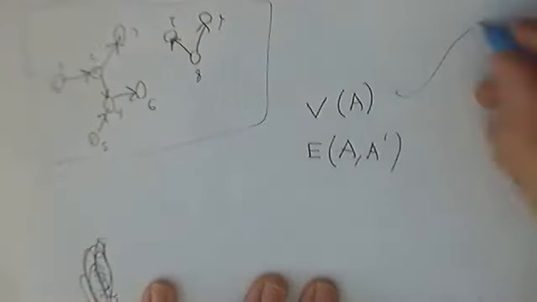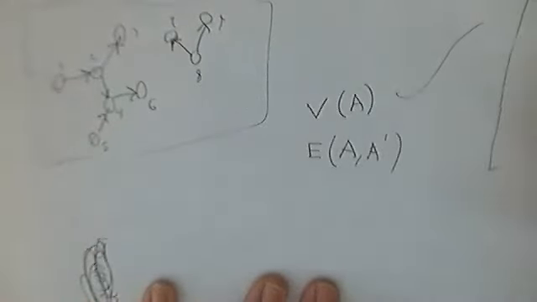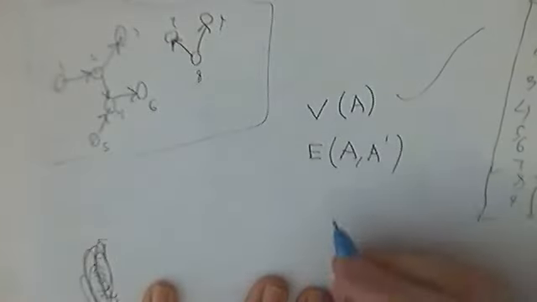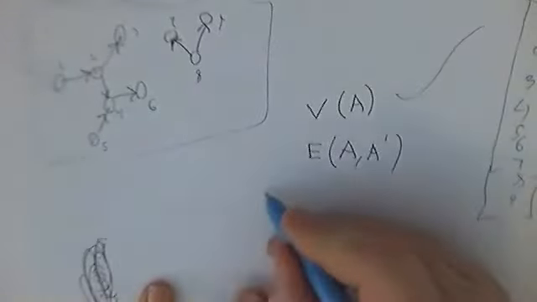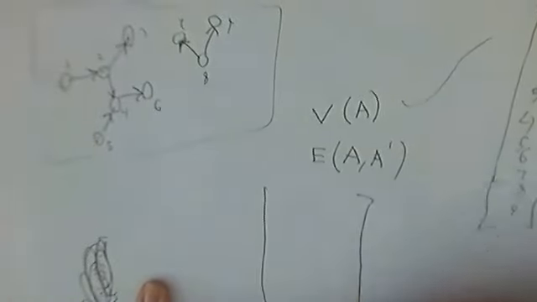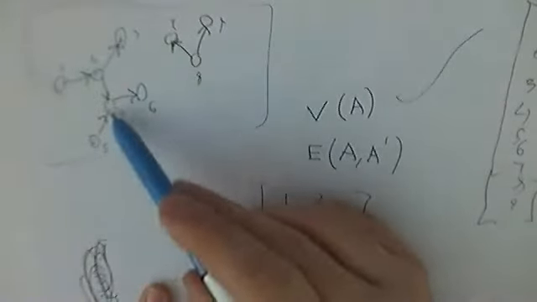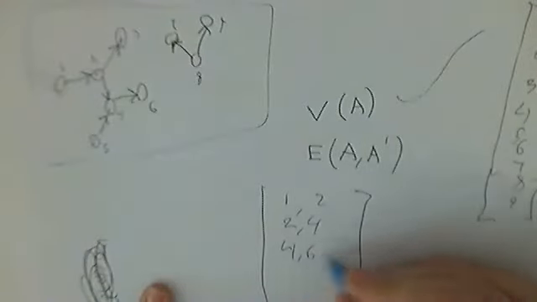So what is this going to look like? This table is going to be 1, 2, 3, 4, 5, 6, 7, 8, 9. And this table here, let's start out with the first one. That's going to be 1, 2, because 1 is pointing to 2, and then 2, 4, and then 4, 6, and then dot, dot, dot.